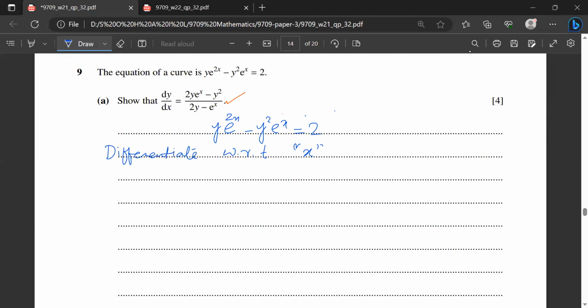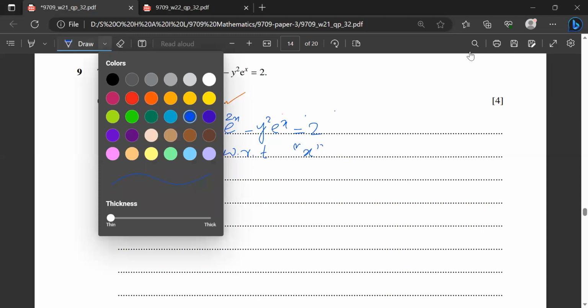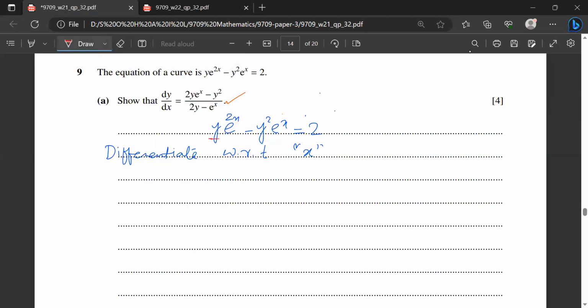Here is the product rule, for y and e power 2x, and y square e power x. The product rule is, if you're given the derivative of uv, it is uv dash plus vu dash. This is the product rule of differentiation.